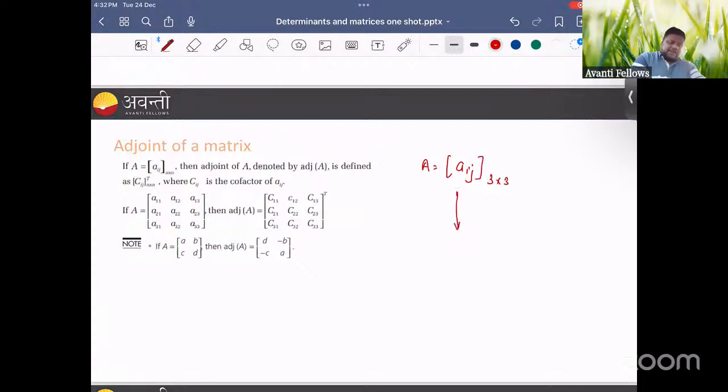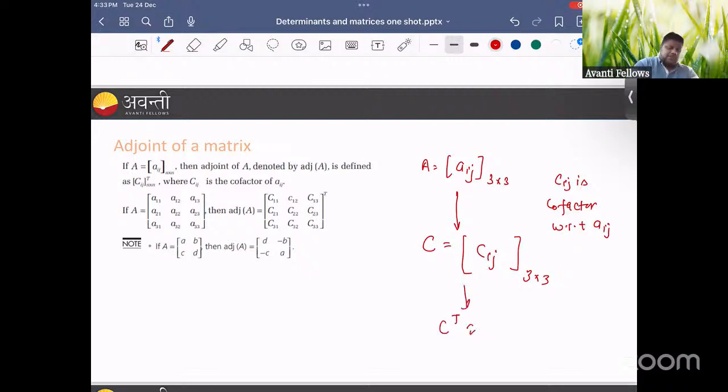Now from this matrix, form a matrix whose entries are the corresponding cofactors of the entries of matrix A. Now make a matrix C. C is Cij, it is also 3 by 3, where Cij is the cofactor with respect to Aij. Now take the transpose of C, and this is what we call adjoint of A.